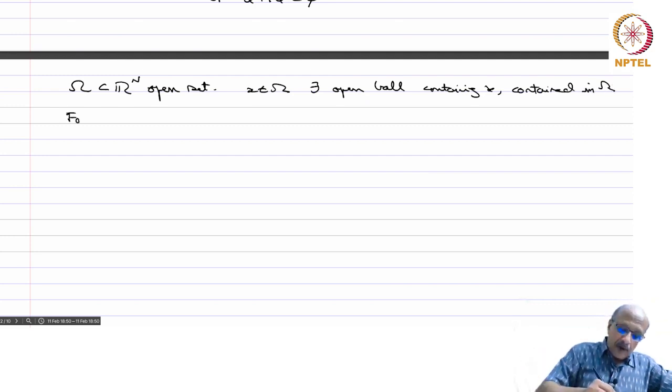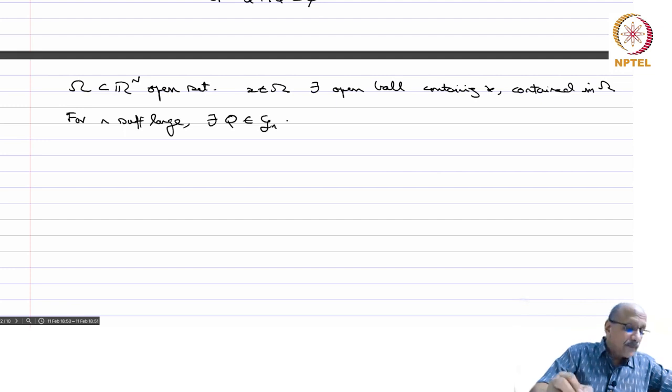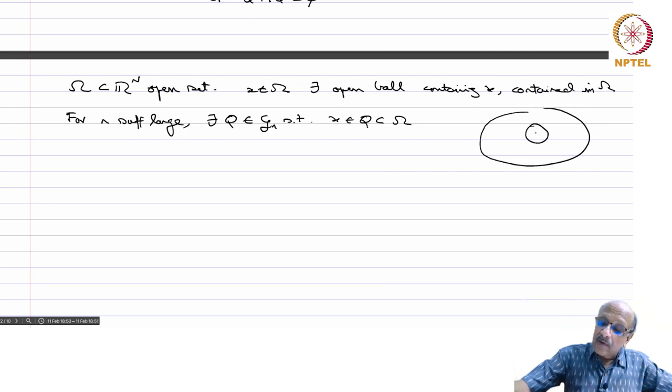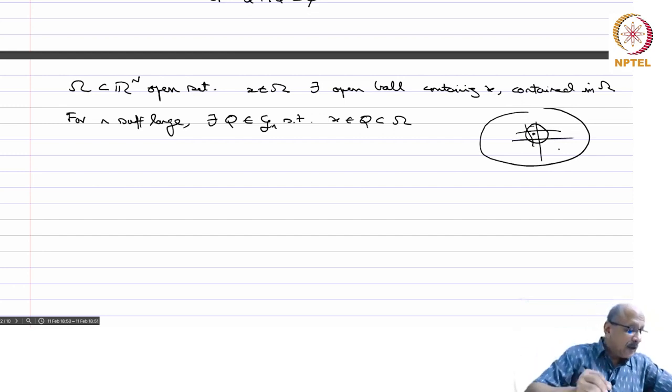Then for n sufficiently large, there exists a Q in G_n such that x belongs to Q contained in omega, because you have omega here and then x is here. Since the grid is sufficiently small when n is large, certainly x must fall inside some such box, and therefore you will have a cube like this.